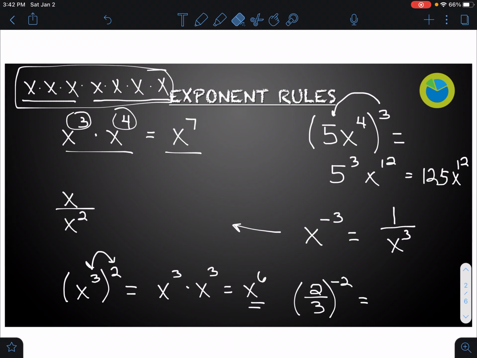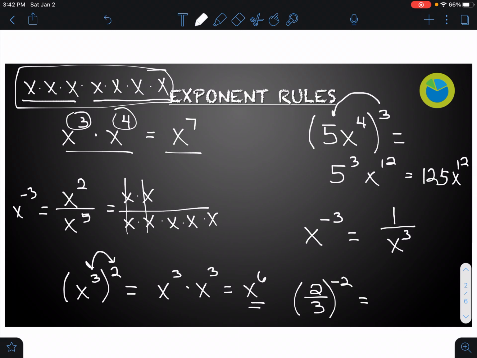let's say I were to take these two and switch them. Okay, x times x. Now I have this. So these would cancel now. If I subtracted those, just like we learned before, you know that here this would be x to the negative third power, right?